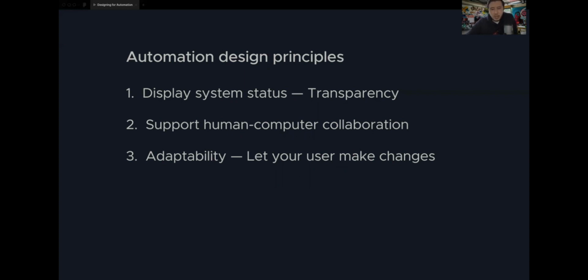We always should allow users to make changes, even if we automate the products, because it's also one of the most important principles of automation. So when system status and human collaboration are insufficient to produce an optimal outcome, the software should allow users to stop the process and manually intervene if they see something is wrong.